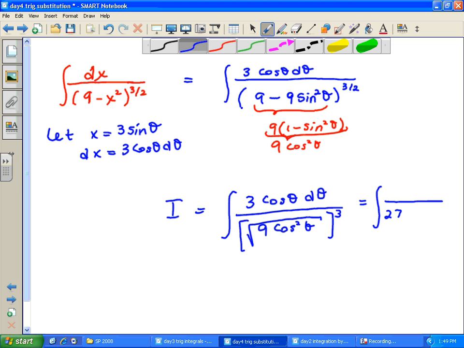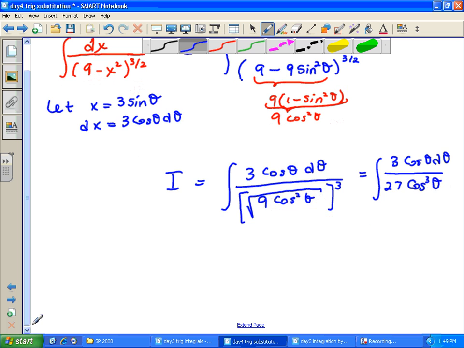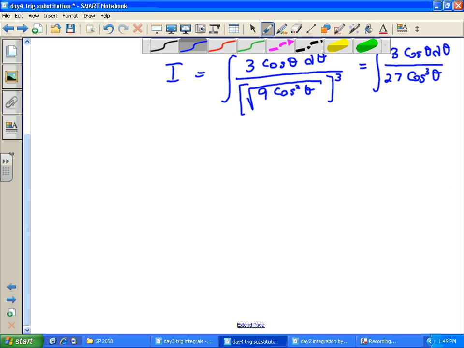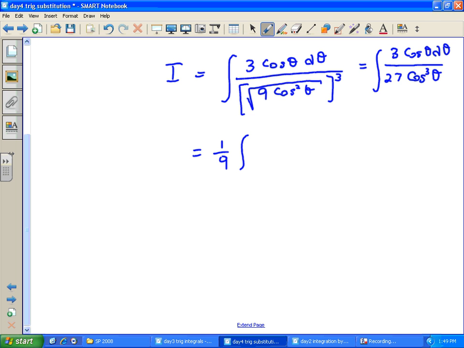And on the top still you have 3 cosine theta. So 1/9 the integral of 1 over cosine squared.